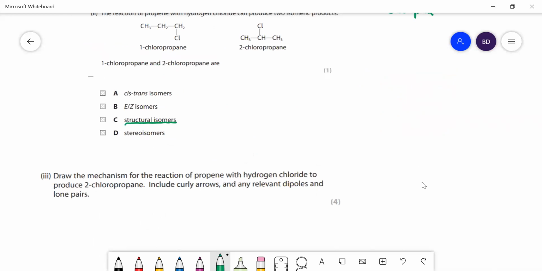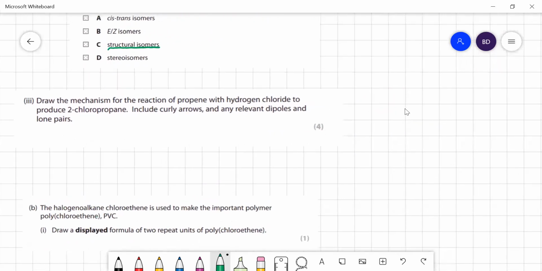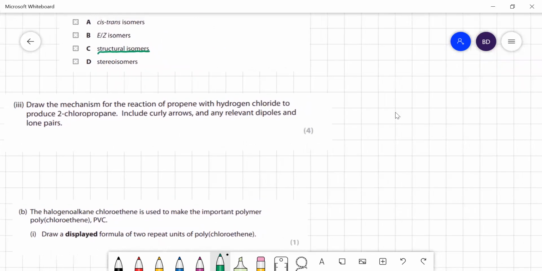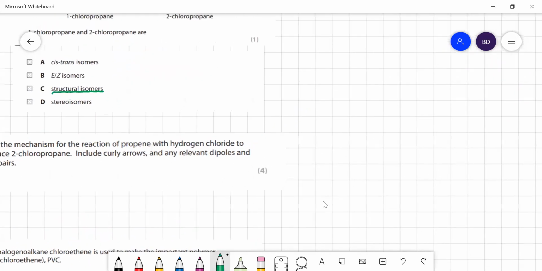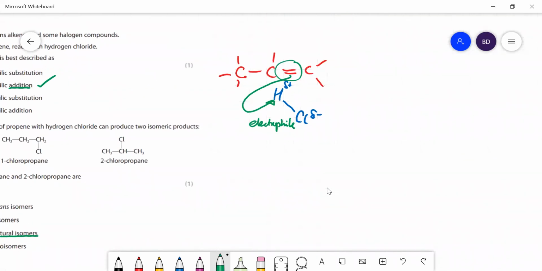Draw the mechanism for the reaction of propene with hydrogen chloride to produce 2-chloropropane. Include curly arrows and relevant dipoles. So I've actually started that up here, so I think I'll finish that off up here. Right, so what happens is that I've drawn the important dipoles, which is the partial charge on the hydrogen.